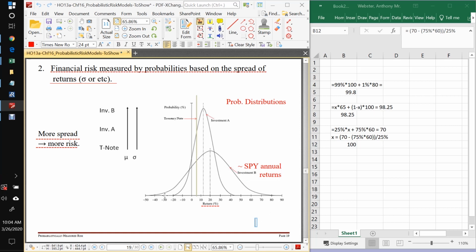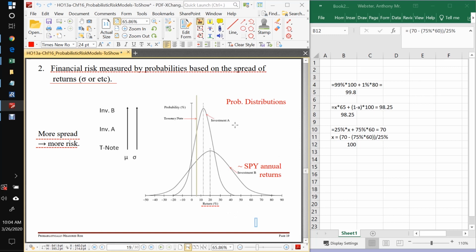There is something like maybe a 5% probability that we're going to have a minus 30% return or worse, and there is something like a 50% probability that we're going to have a 20% return or better, things like that.